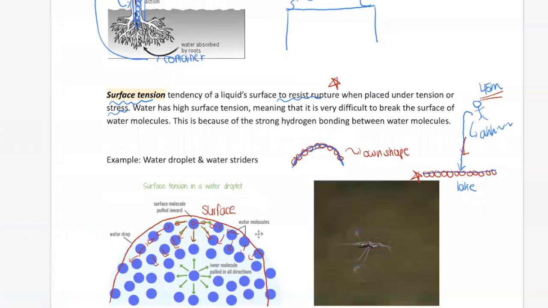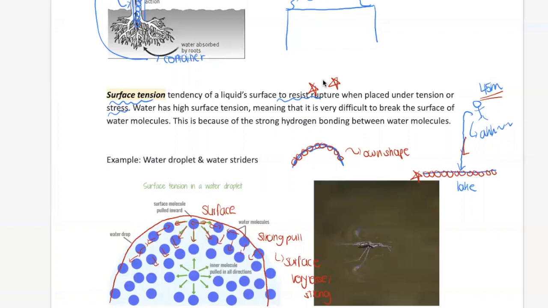And the strong pull between the water molecules is making the surface very tense and strong. This characteristic makes it resist rupture when placed under tension or stress, making it very difficult to break the surface of water.